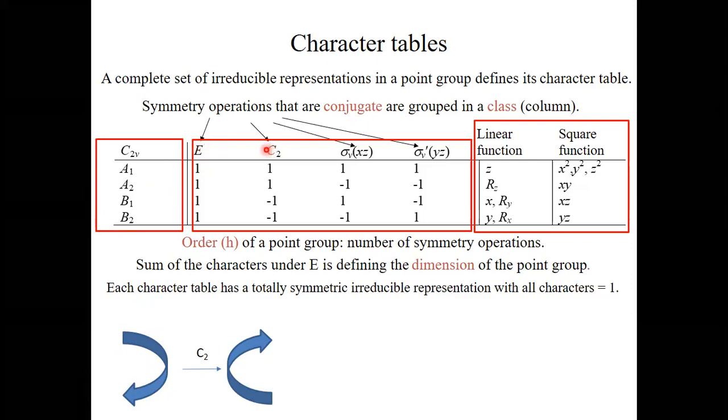Now, what about C2? If we rotate this vector by 180 degrees, then it will look like this. Has it changed its direction, or does it still rotate clockwise? Can anybody answer that?